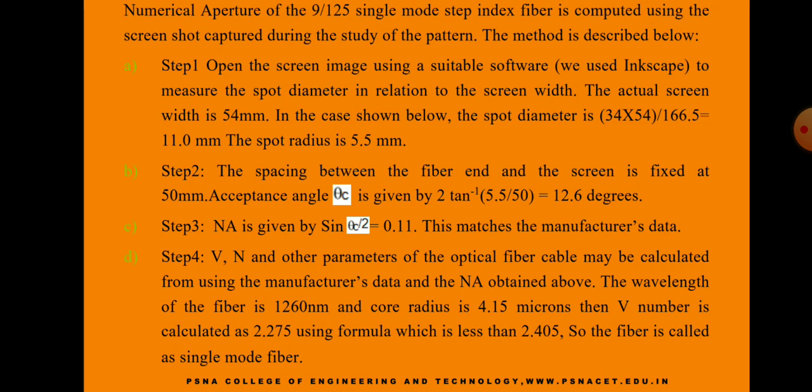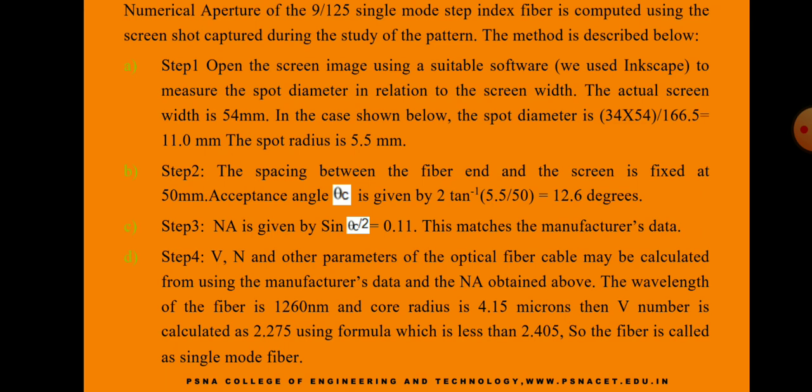We put 2 × 3.14 for 2 pi, the radius is 4.15 microns, that is 4.15 × 10^-6, divided by the wavelength 1260 nanometer, that is 1260 × 10^-9, multiplied by the numerical aperture computed earlier, 0.11. This gives a V number of 2.275.